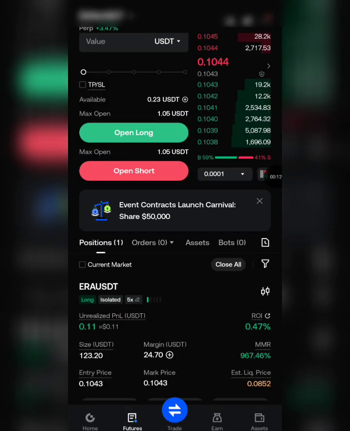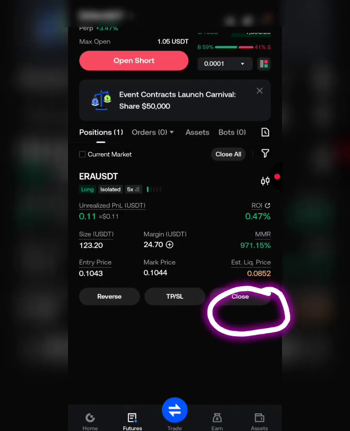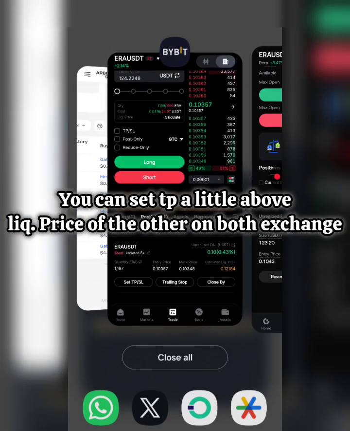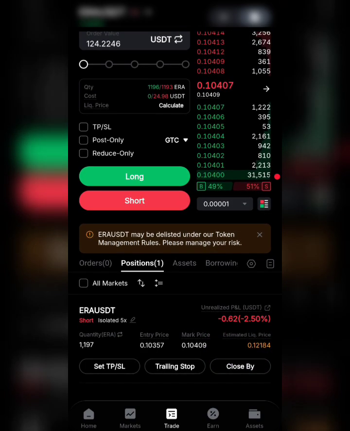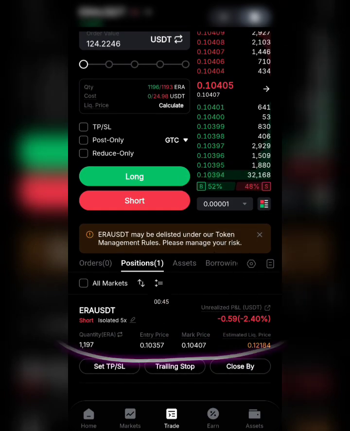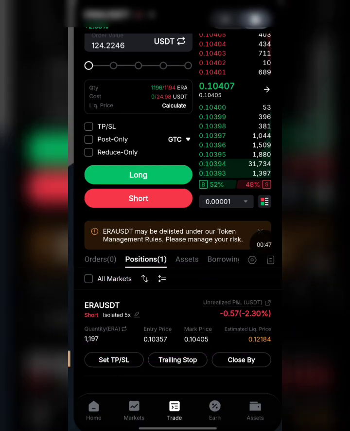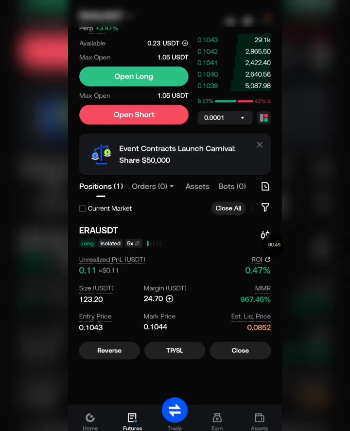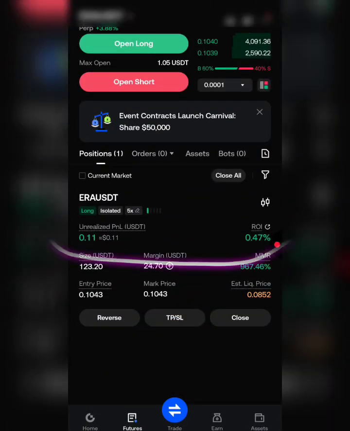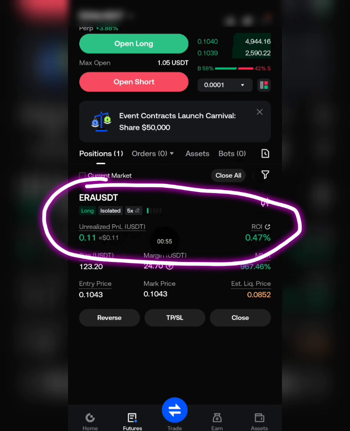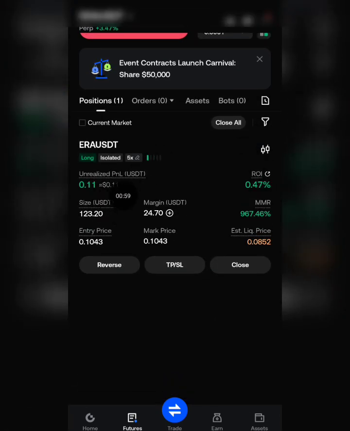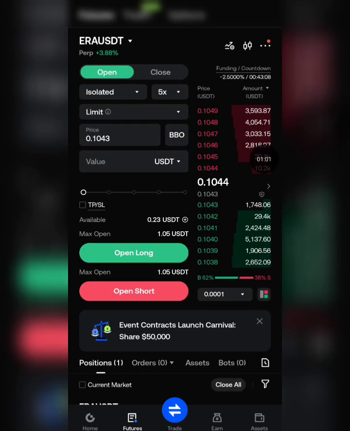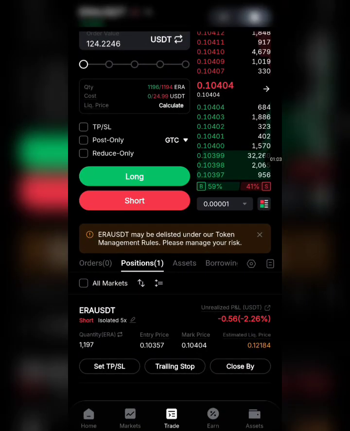After setting it up this way, we have our liquidation price here, and we also have our liquidation price here. Looking at it right now, the trade where I actually short is currently in a loss, but if I come over here, the trade where I placed a long position is in some profit, but not much profit yet. You can see your long position is covering up for your short position.